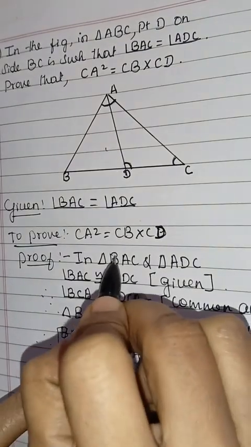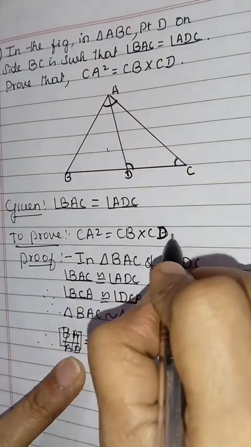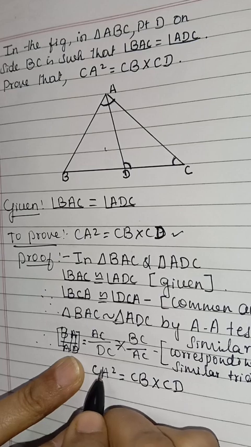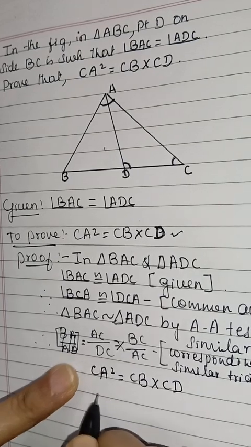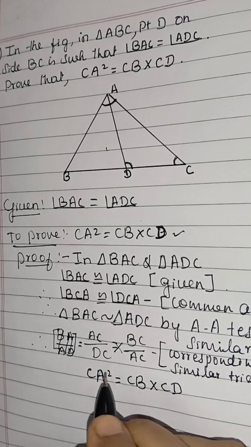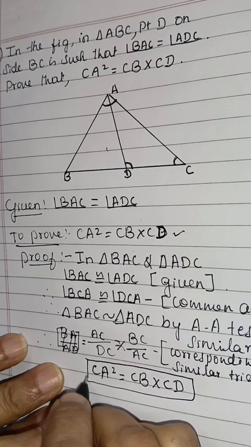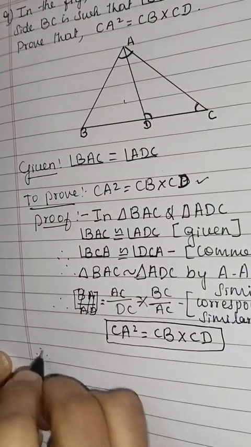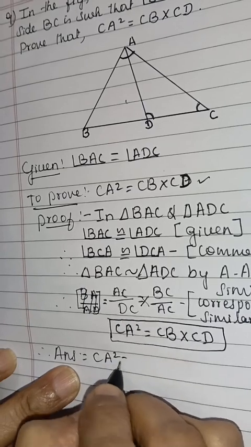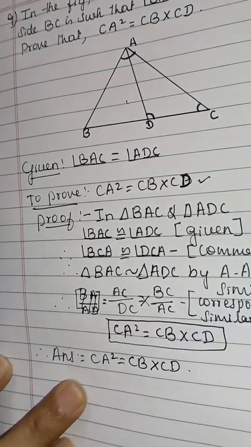Therefore the answer is CA square equal to CB multiplied by CD.